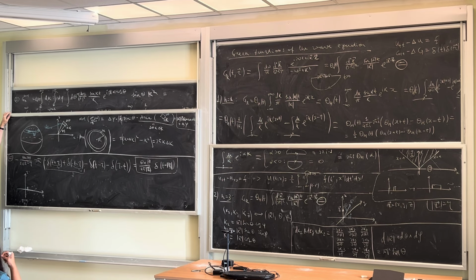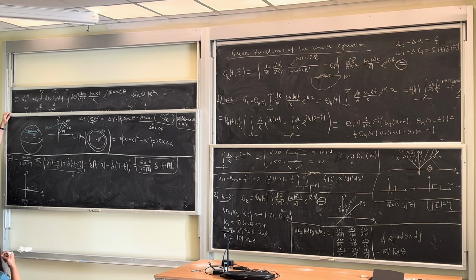So if we now want to write a solution of our equation, t, r, it is given by the integral with a Green function, dt prime dr prime, Green function of t minus t prime, r minus r prime, F of t prime, r prime.